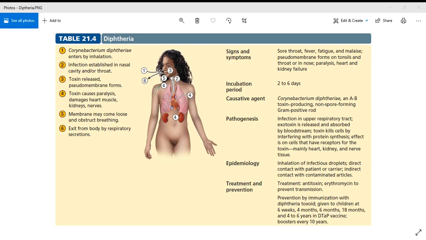In terms of antibiotics, the most common antibiotics being used are erythromycin and penicillin. These antibiotics only have effects on the organism producing the toxin and not the toxin itself.